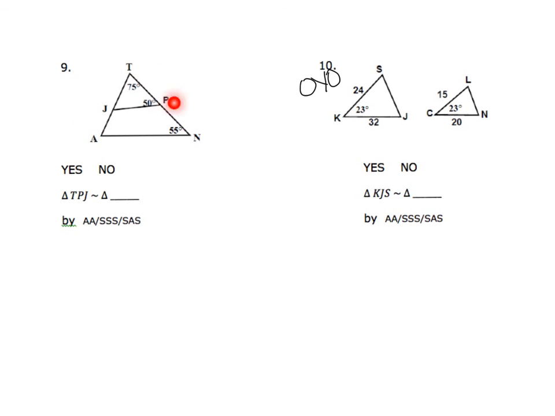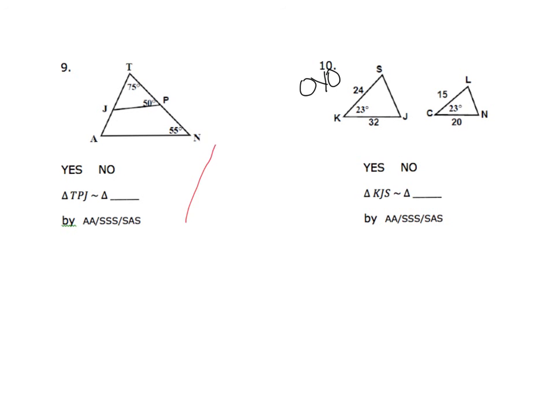All right, looking at our next example. So we're looking at triangle TPJ, so this little bitty triangle here, and then looking at the bigger triangle ATN. So let me redraw the bigger one.